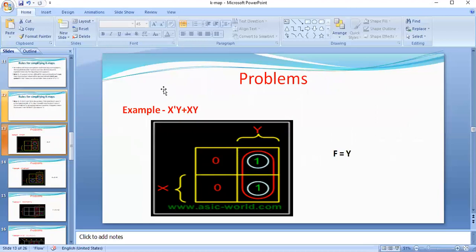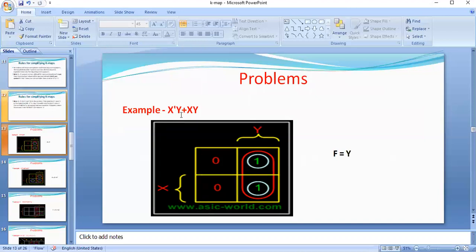The given expression in this problem contains two variables, X and Y, so we have to take a two variable K-map with 4 cells. The ordering of the variables is also important. Here on the left side I'm taking X, and on the right side I'm taking Y.